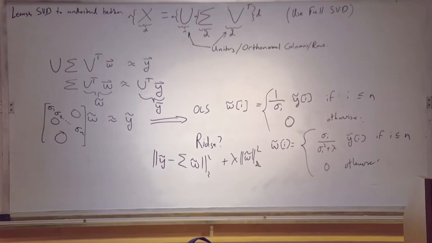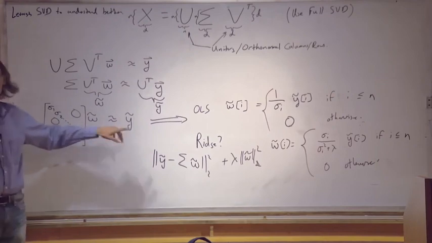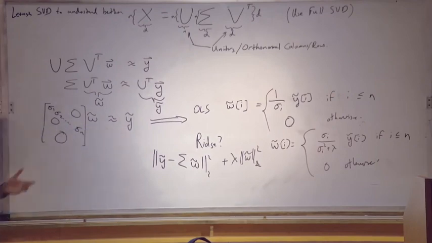But remember, we said the entire problem just transformed to having a sigma anywhere you had an x, a w tilde anywhere you had a w, and a y tilde anywhere you had a y. So this optimization answer also transforms in the same way. W tilde equals sigma transpose sigma plus lambda times the identity inverse sigma transpose y tilde.